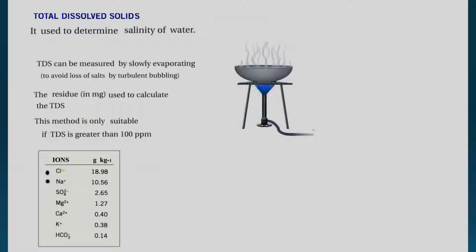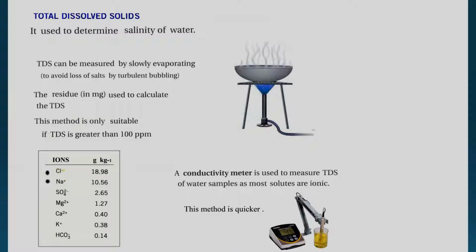If the ion concentration is too low, ppm, this mg per liter won't work. Then you might use some other method, like AAS, which will give you a more accurate calculation. One good method is using a conductivity meter.